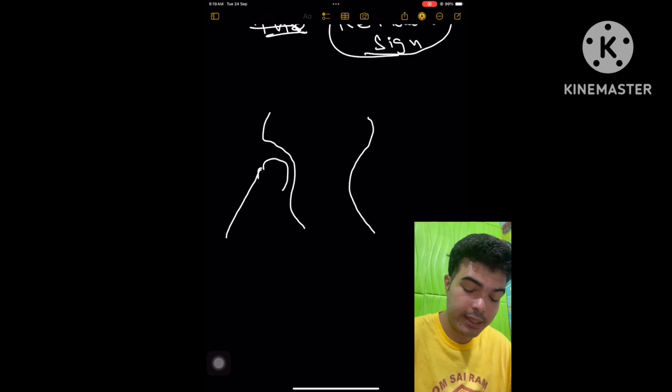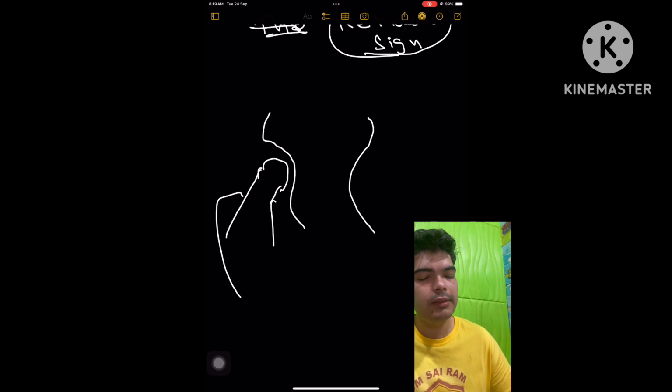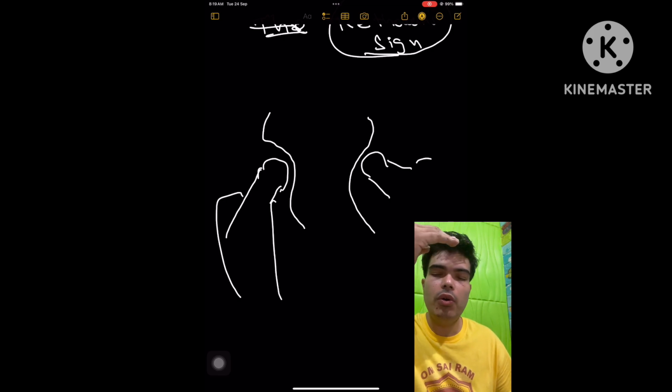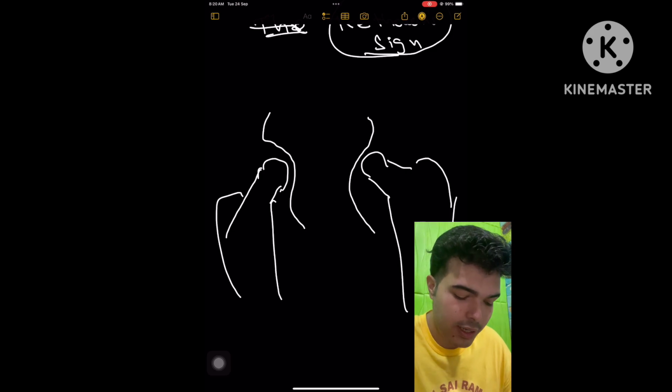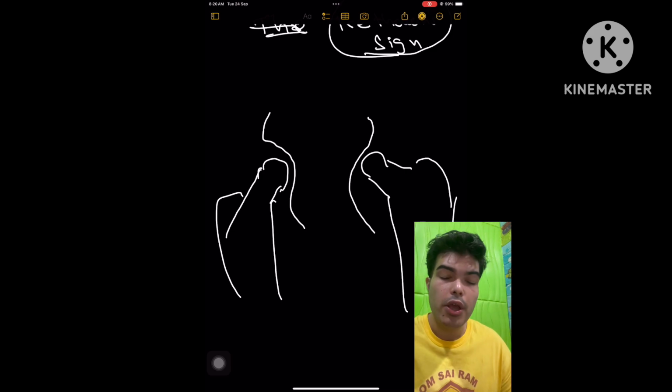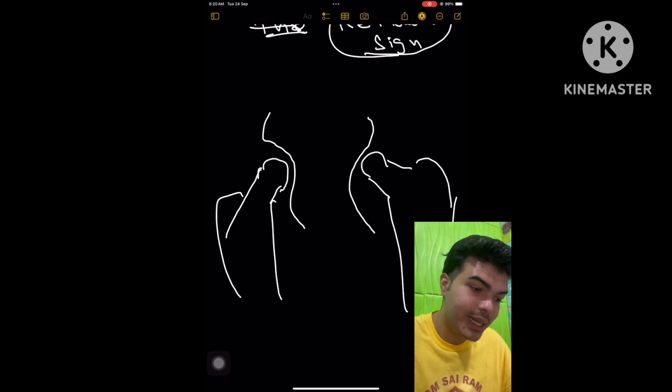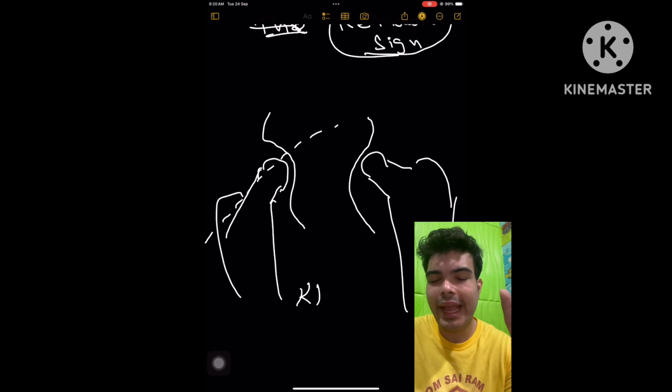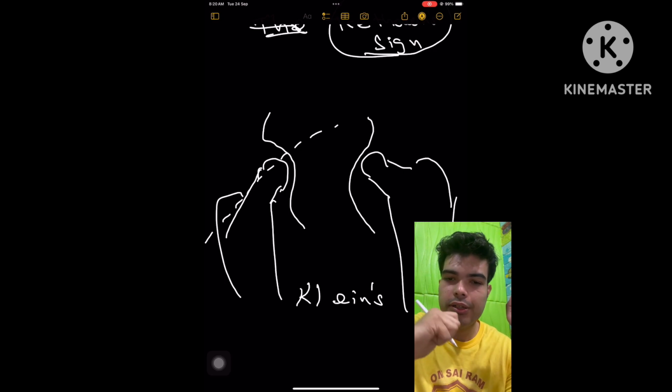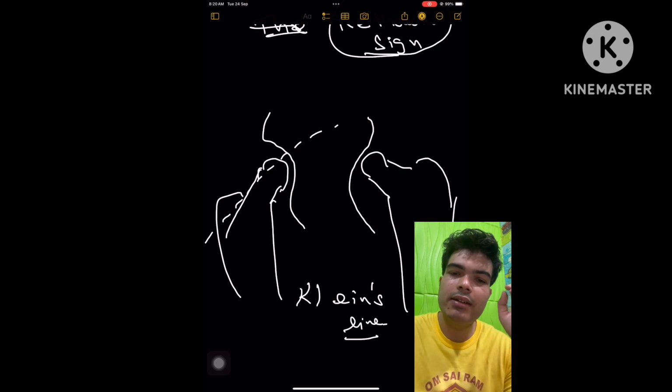This diagram is very pathetic, I know that. From the superior border of your neck, you draw a line. Under normal circumstances, this is known as Klein's line. If you draw a straight line from the superior border of your neck, that line cuts the epiphysis in normal circumstances.